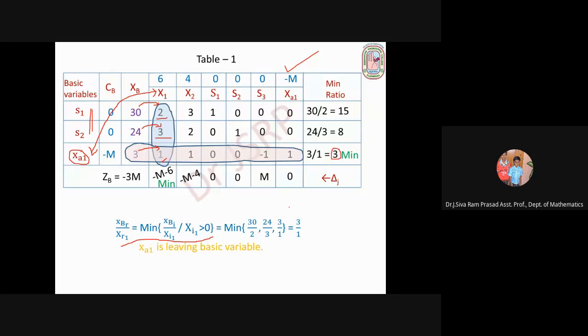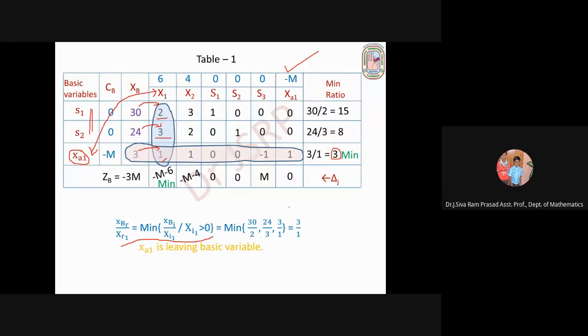That means it is a non-basic variable, or it can appear with 0 value. So we have to eliminate it from the basis.